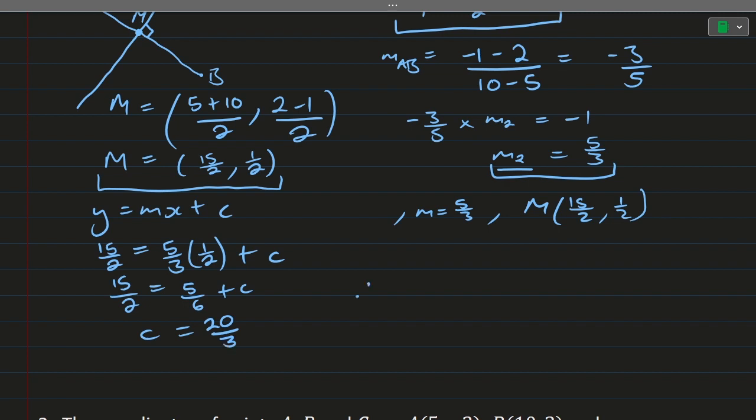So that means that the equation of our perpendicular bisector is y equals, our gradient is 5 over 3, x, and our y-intercept is 20 over 3. So it's y equals 5 over 3x plus 20 over 3. That would be our final answer.